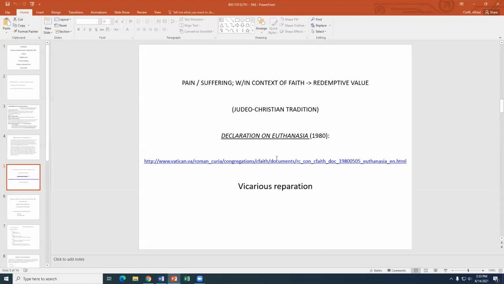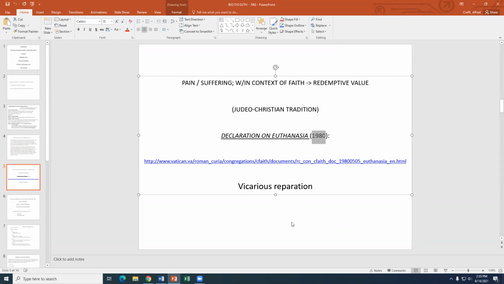There is a document, in fact, from the Vatican that is called Declaration on Euthanasia, very straightforward. And it came out way back in the 1980s, because that's precisely the time when euthanasia was coming out, all right, into society and being discussed. It's been 40 years now, but this document is still very relevant. There's a link to it right here.